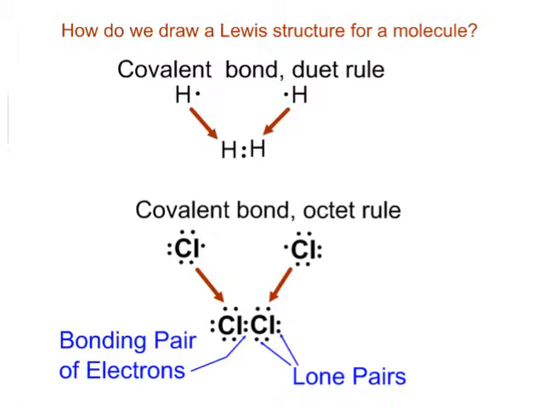There are 2 electrons in the middle that are bonding. When we talk about these electrons, we talk about them in pairs. So we have 3 lone pairs of electrons on that chlorine atom, 3 lone pairs on that chlorine atom, and 1 bonding pair of electrons.